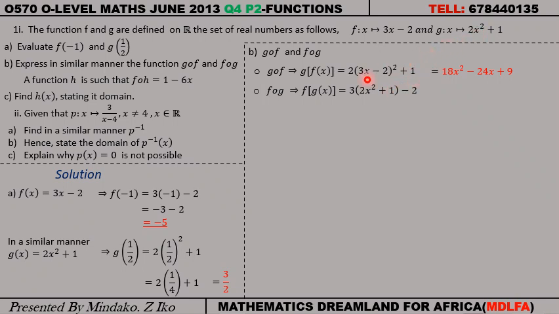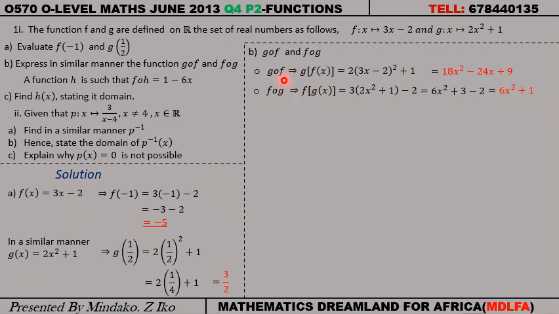Now if we expand this bracket, we have 3 times 2x squared is 6x squared, then 3 times 1 is 3, and 3 minus 2 gives us 1. So 6x squared plus 1 is equal to our f of g.